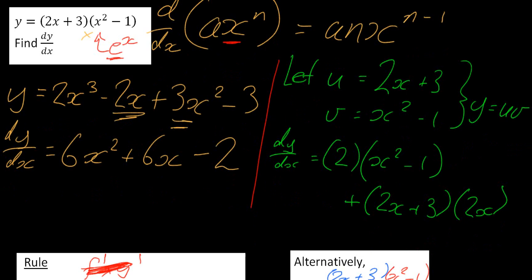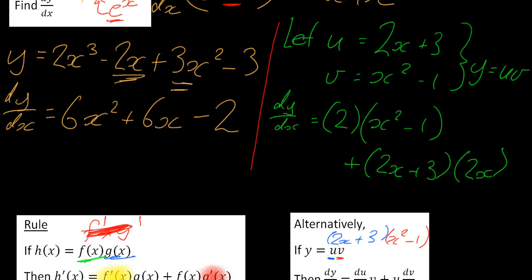And if I just scroll down a little bit, squeeze this in, and simplifying all of this will give us, let's see, it'll give us 2x squared minus 2 plus 4x squared plus 6x.